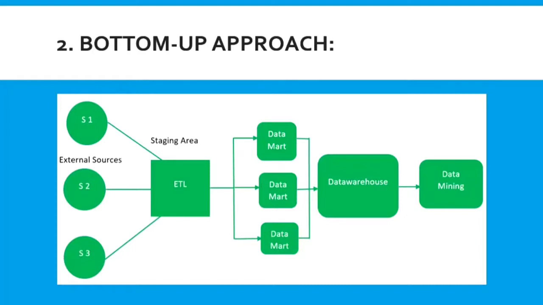After the data gets loaded into the staging area, where it goes through the extract, transform and load process, it gets loaded into data marts instead of the data warehouse. So this is the changing point in the bottom-up approach.